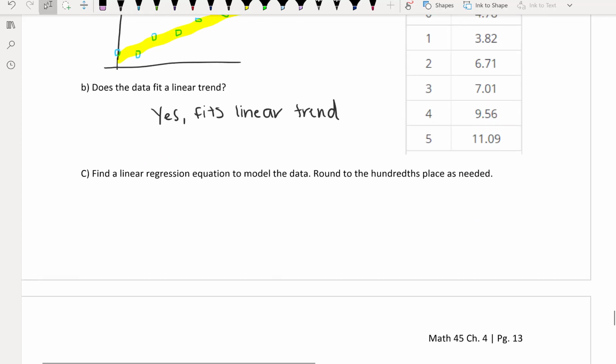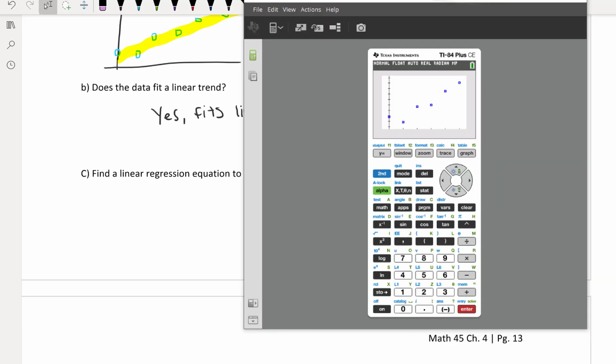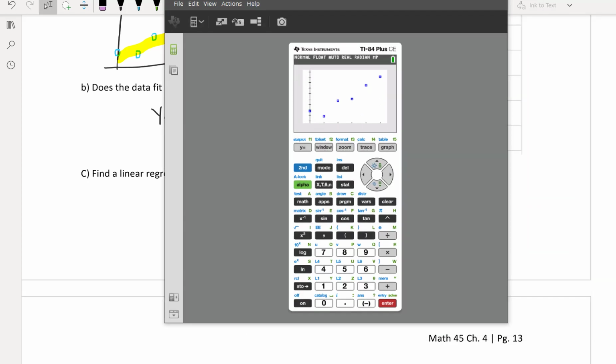Then for part C, it says, hey, find a linear equation to model the data, rounding to the nearest hundredths place if needed. Okay, so I'm going to go back to my calculator, and it's going to calculate the linear regression. So I am going to go to stat.